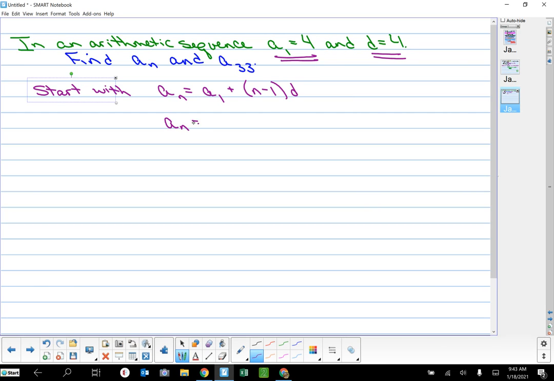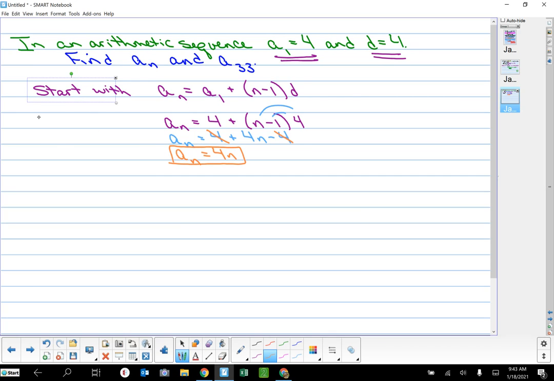So A sub n equals 4 plus n minus 1 times 4. And now my next step's going to be to distribute. And then these are going to cancel each other. And that's actually my answer.